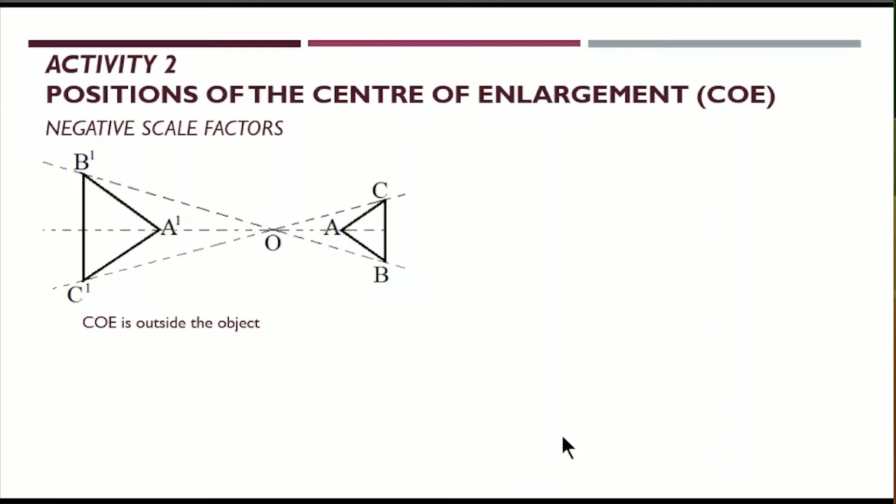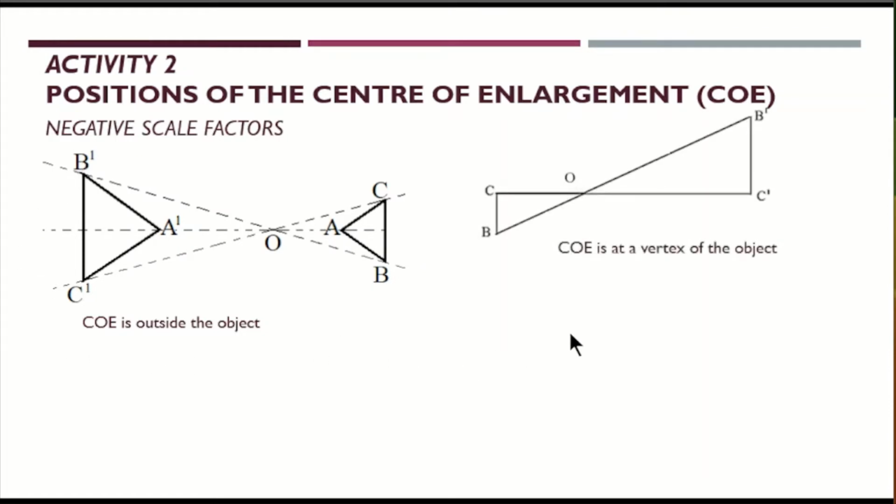And also take note of how the corresponding vertices are interchanged. For example, we have C at the top right hand, whilst its image along the same line is at the bottom left side. The same can also be said for B and its image B prime.